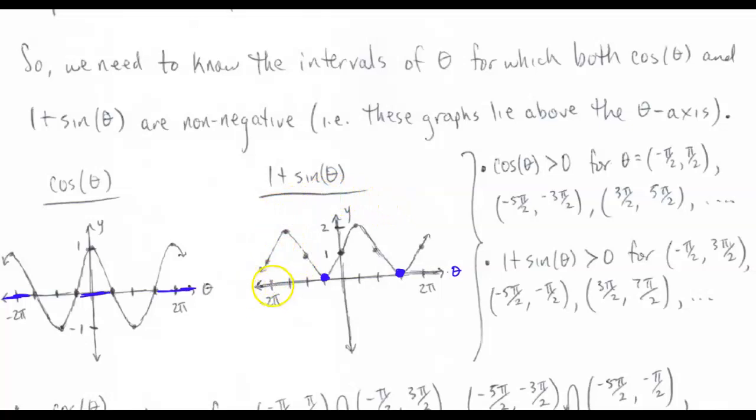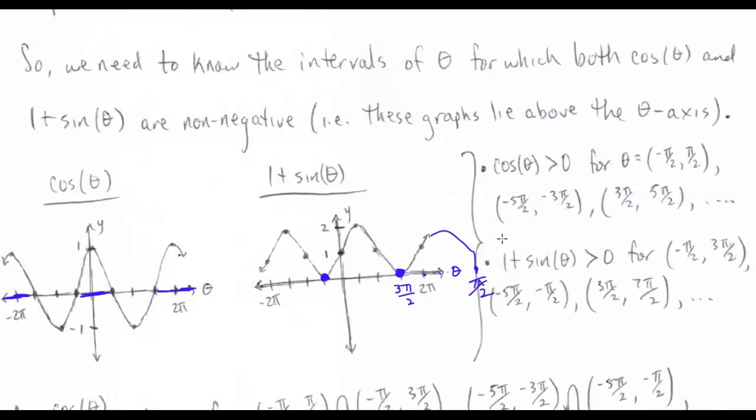And if we were to go on and draw successive periods for this, we would see that if we counted 4 half pi units, we would get to the next one where that would be true. So here, since this is 3 pi over 2, I would count 1, 2, 3, 4. That would be 7 pi over 2 when it would do this again. Of course, it would hit and then go back up.